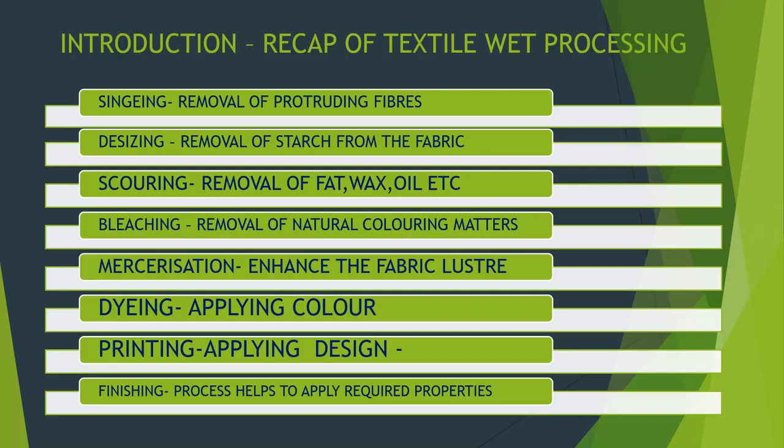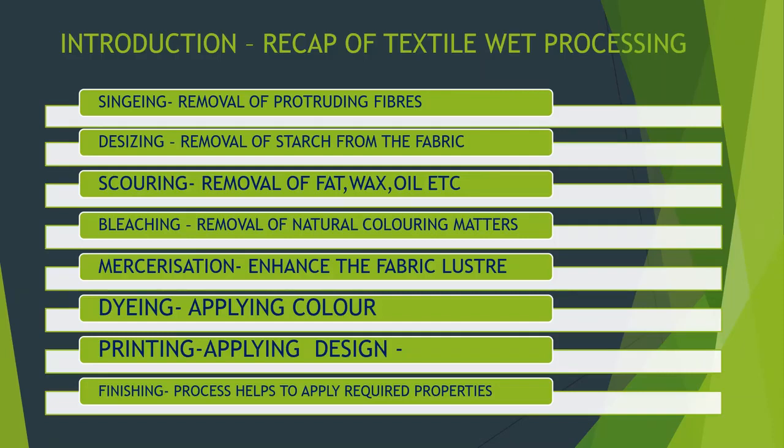So what are the processes? First one is singeing, next one is desizing, and third one is scouring and bleaching, mercerization, dyeing, printing, and finally we do the finishing process.